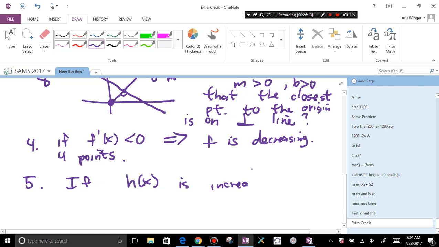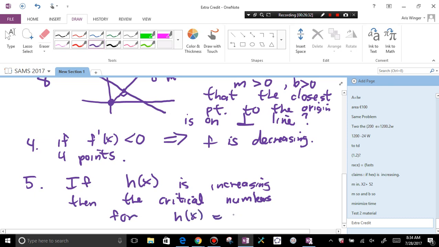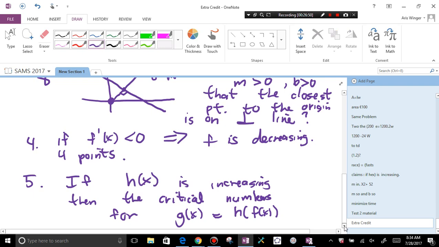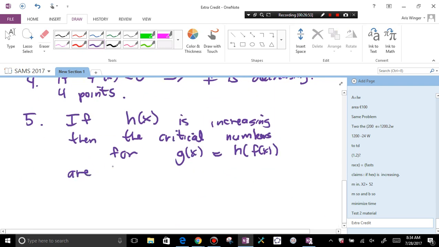If h of x is increasing, the critical numbers for g of x equal to h of f of x are the same as the critical numbers of f of x. 4.